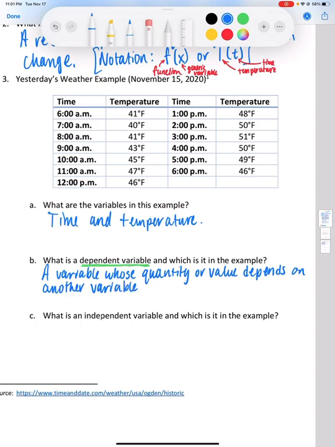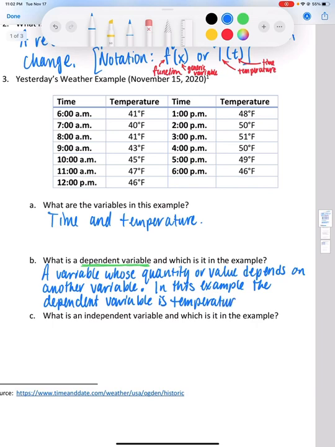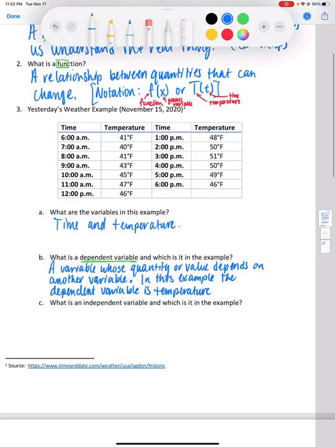In this example, the dependent variable is temperature, because it depends on time.